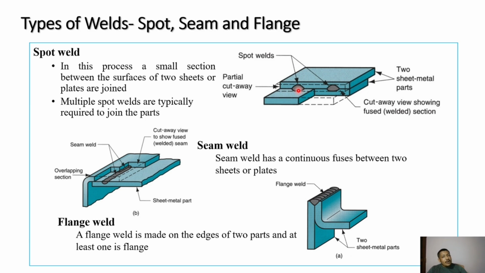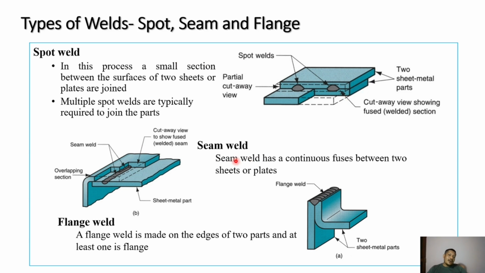If you see your automobile car, plenty of spot welding will be there in and around it. All the automated robots which you might have seen in various welding videos will actually be performing this spot welding operation on your automobile chassis and body fittings.